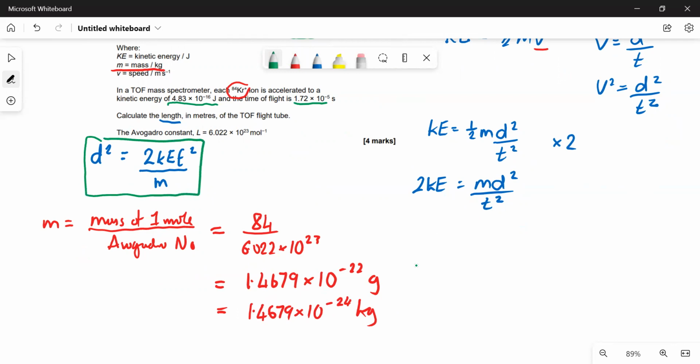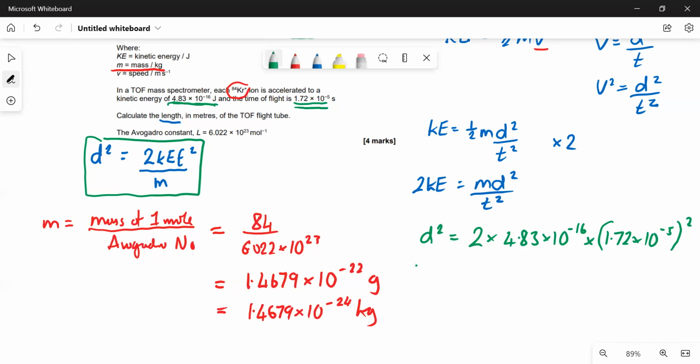We've got all those numbers ready, so let's do that. So we get d squared is equal to 2 times the kinetic energy, which they tell us is 4.83 times 10 to the minus 16, times t squared, where t is 1.72 times 10 to the minus 5, squared.